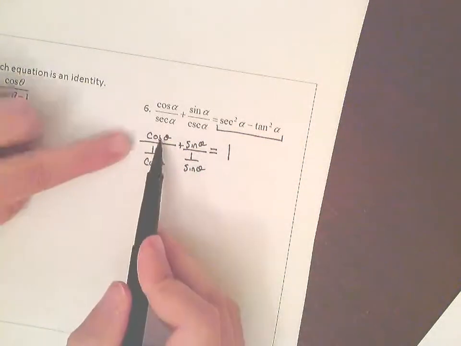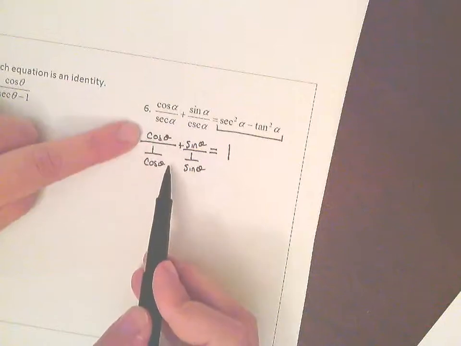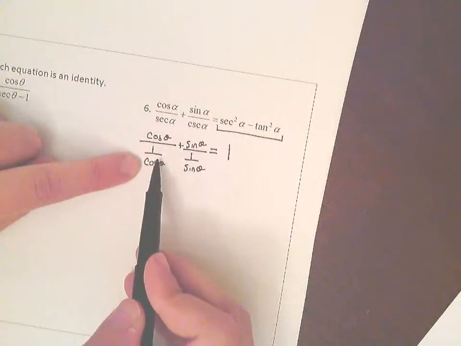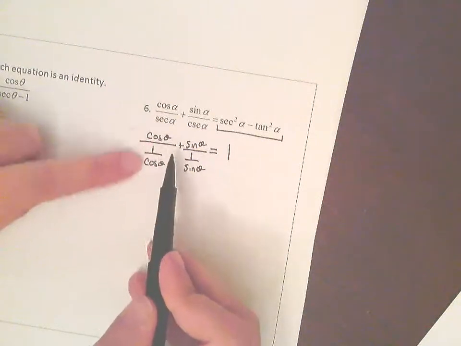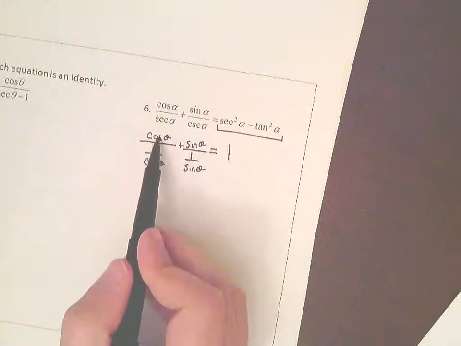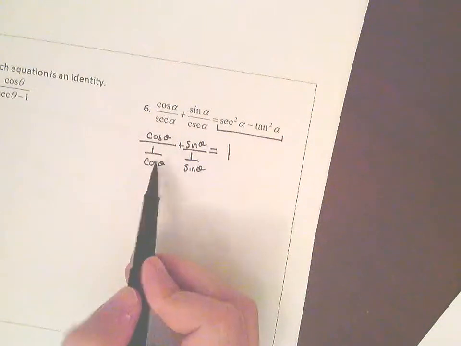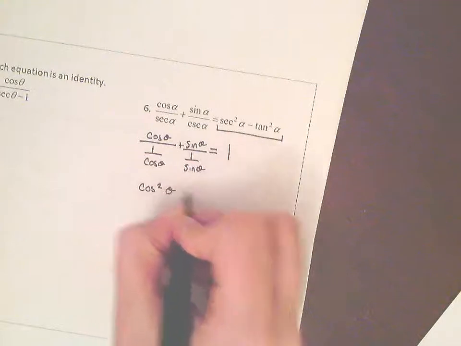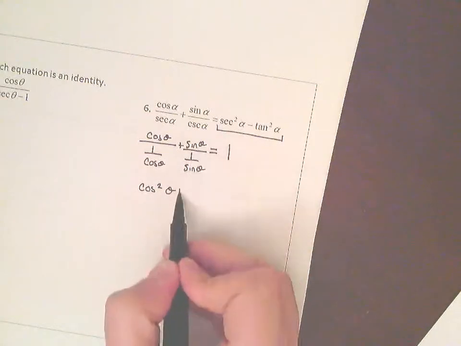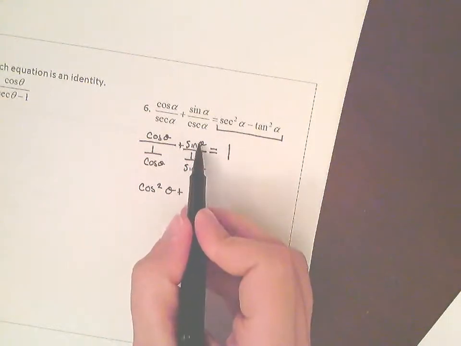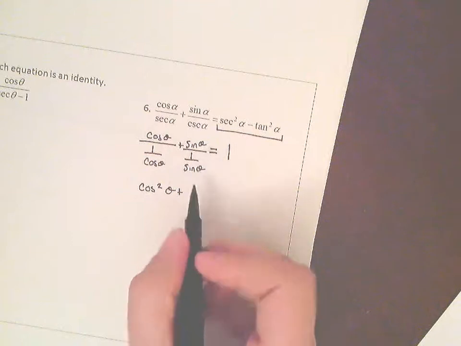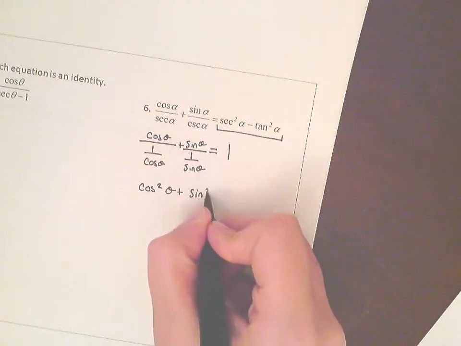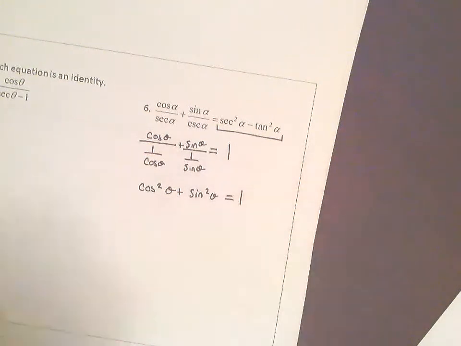Now, of course, if you have a fraction, you flip the guy and multiply. You remember that? So cosine of theta times cosine of theta is just going to be cosine squared of theta. And the same thing happens here. Sine of theta times sine of theta over 1 is sine squared of theta, and that equals 1.